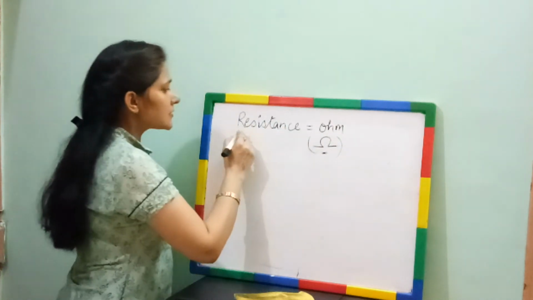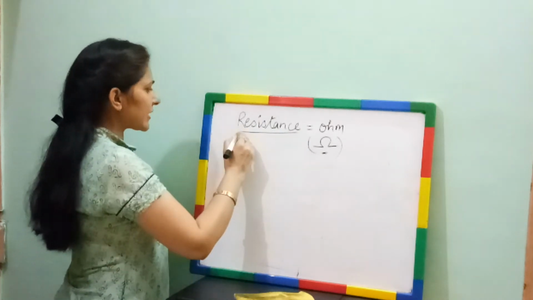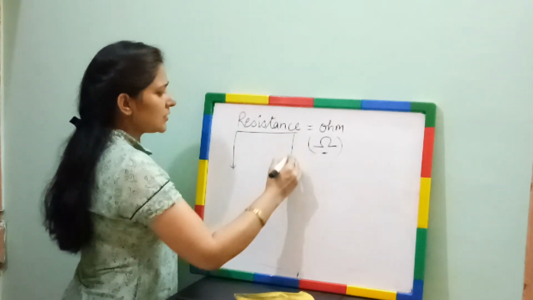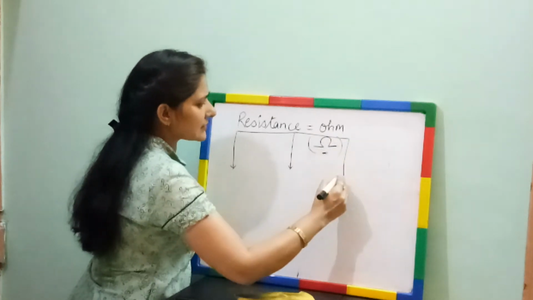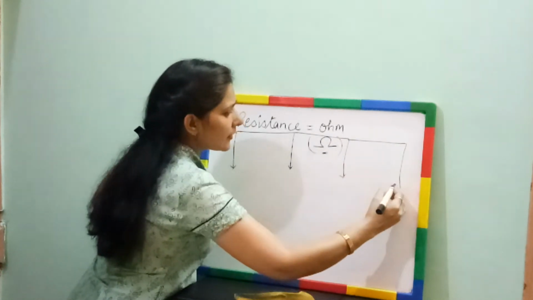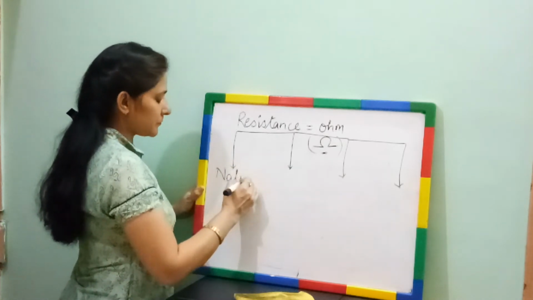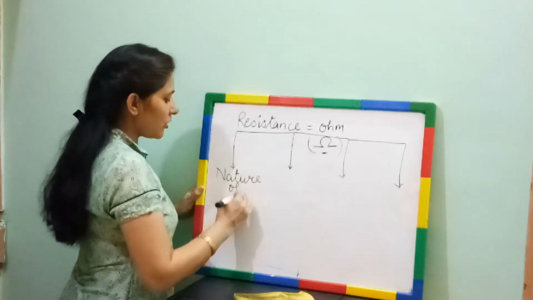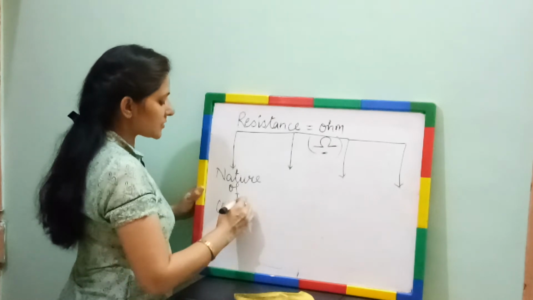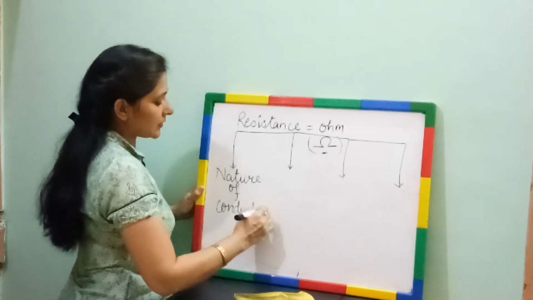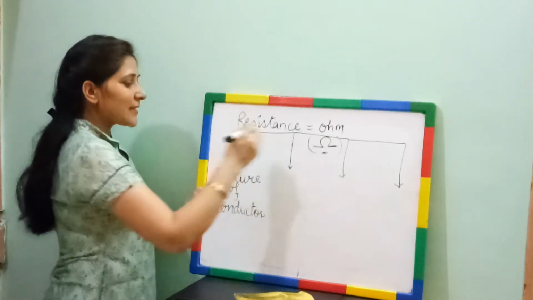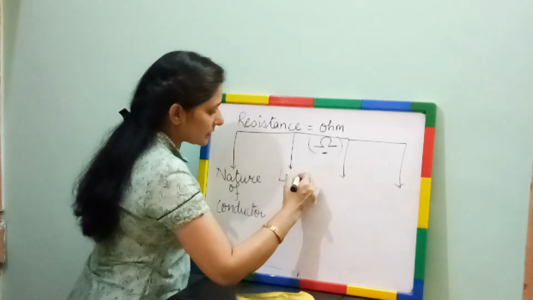Okay, now this resistance, what are the factors affecting this resistance? How this resistance will be increased, decreased, or will be affected? There are four main factors. First one is nature of conductor. As we are saying, resistance is offered by the conductors. Okay. Second one is length of conductor.